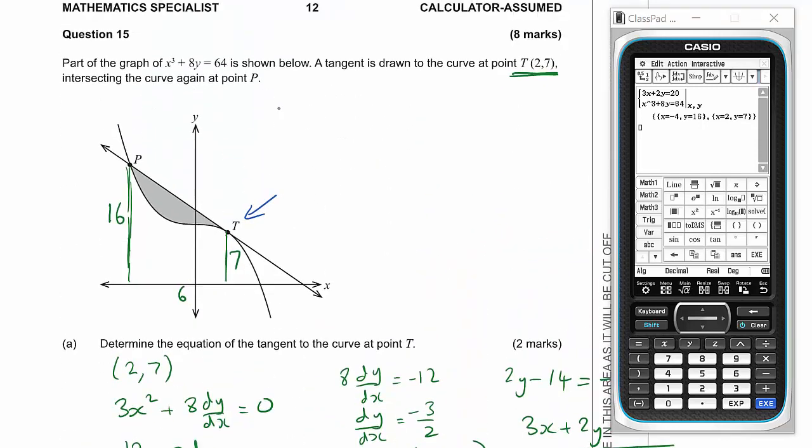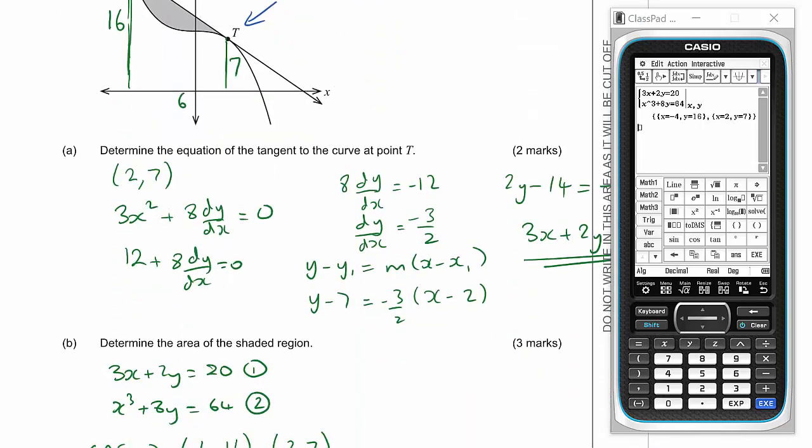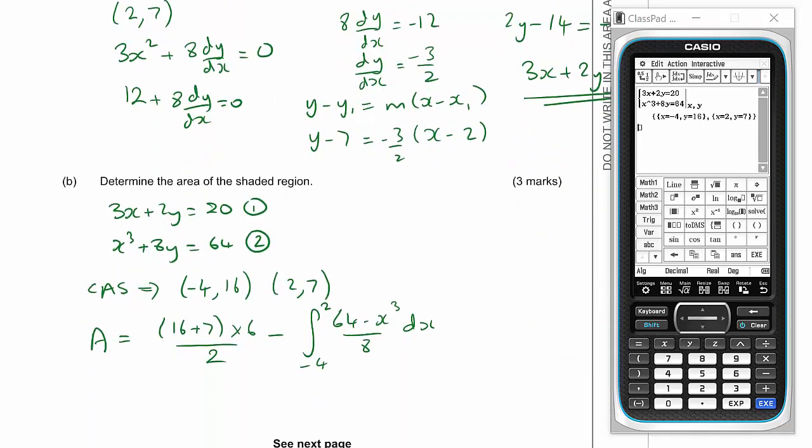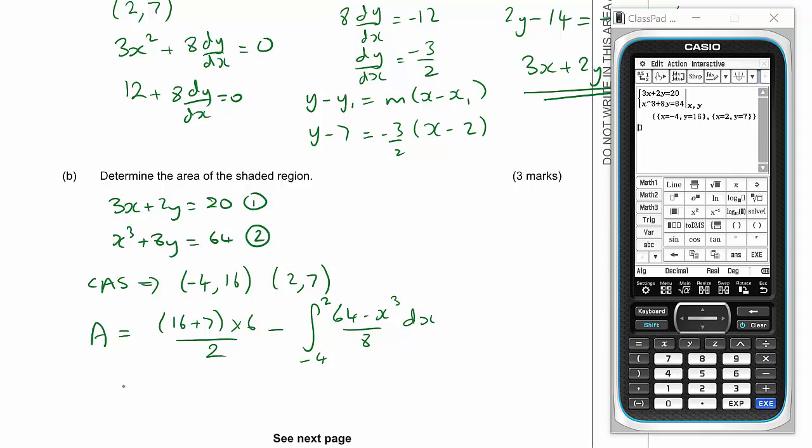Let's just rearrange this. So 8y is equal to 64 take x cubed. So y is going to be 64 minus x cubed over 8. So we'll have the integral of (64 minus x cubed) over 8 dx, and that's got to be from negative 4 to 2. And of course we can do all of that on the calculator.